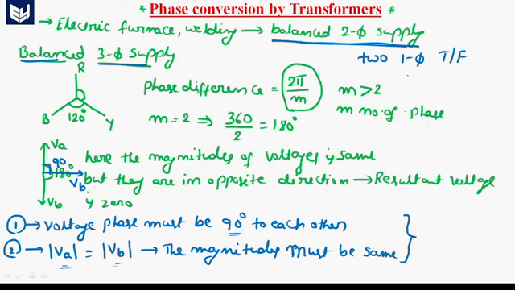See, by using two single phase transformers and connecting them with a special name, that is a Scott connection. Scott connection is a different kind of connection. Only if you make a Scott connection between two single phase transformers, then only we can get a balanced two phase supply.